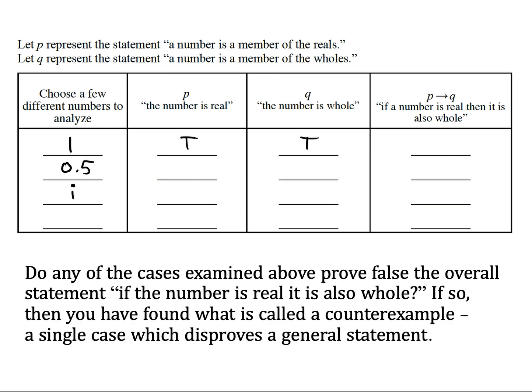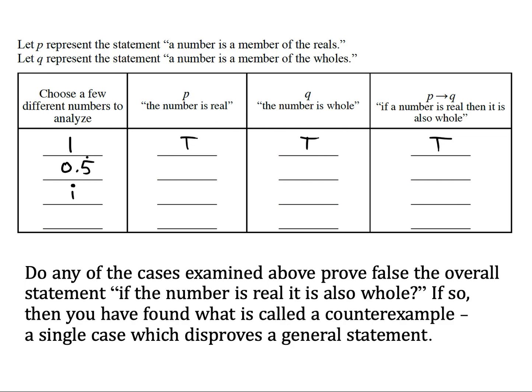Is 1 evidence in support of the statement, or is it evidence against? If a number is real, then it is whole. Well, even though the overall statement may not be true, this particular example does not disprove it. We'd have to leave it as true because it meets the conditions.